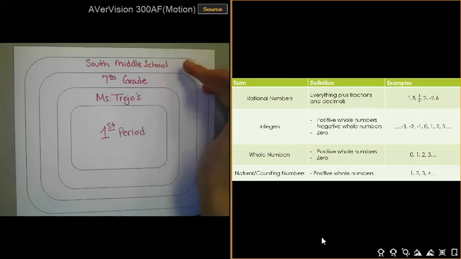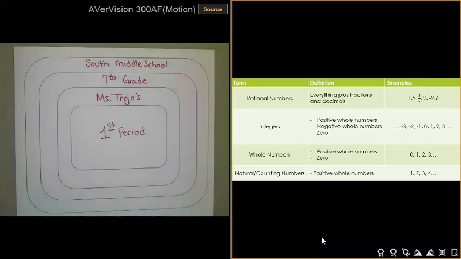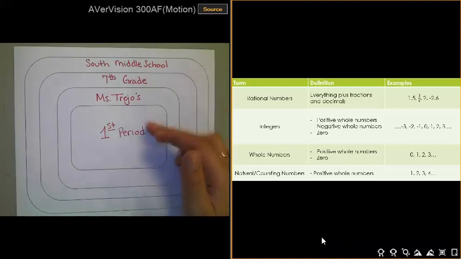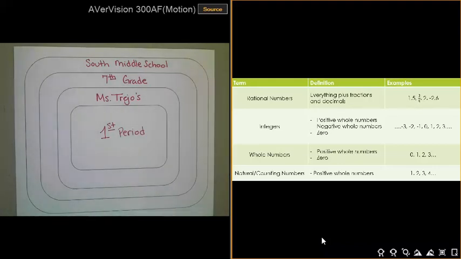So for example, I go from South Middle School, then specifically I'm talking about 7th grade. Within 7th grade, I'm talking about my classes, which would be Miss Rajos, and then even more specifically, I'm talking about first period. Within first period, I could now even put a smaller box that would include maybe just the girls or the boys.